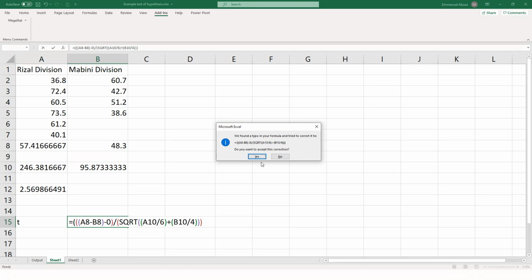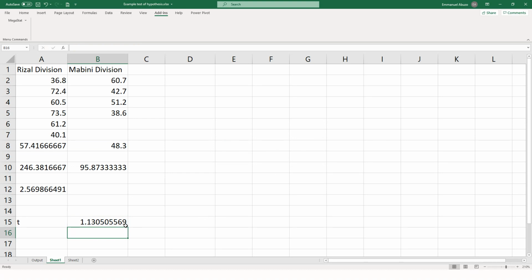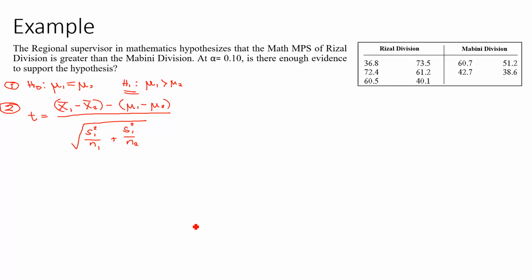Correction, yes. Okay, so the t value is equal to 1.13. Okay, so we are going to substitute our values into the formula.